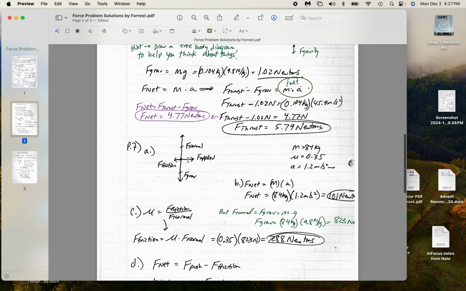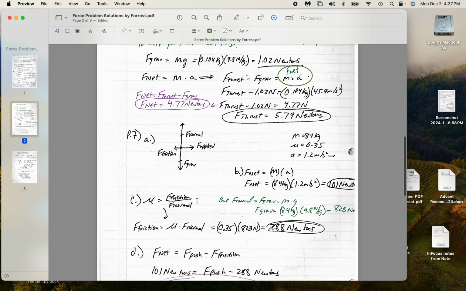P7, I think we did this one in class, drew the free body diagram. You do need to remember this formula for the coefficient of friction. Apparently this got cut off here, but that's okay. So we have 84 kilograms, 0.35 coefficient of friction, acceleration of 1.2 meters per second squared.